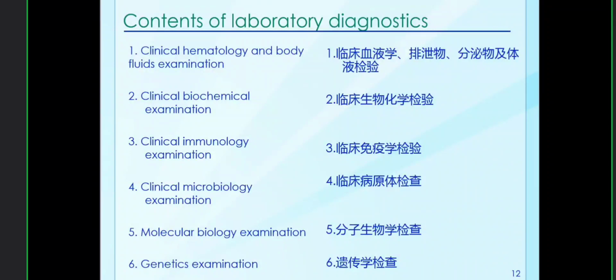You know PCR. We can test the DNA or RNA of some pathogens. For example, the HBV DNA and HCV RNA, and also we can test the COVID-19 virus RNA. Sixth is the genetic examination. In Chinese means 遗传学检查.